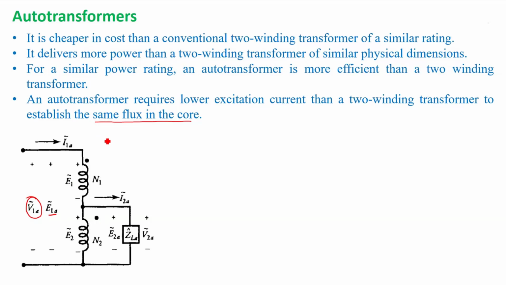Similarly, for an ideal transformer, I can write V1A is equal to E1A, equal to E1 plus E2. Similarly, I can write V2A is equal to E2A, that is nothing but E2, because this voltage will reflect here, right?